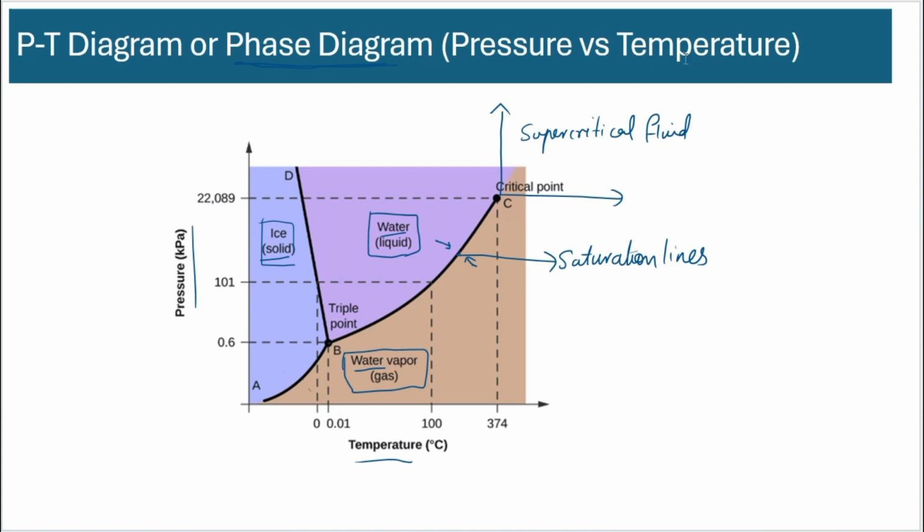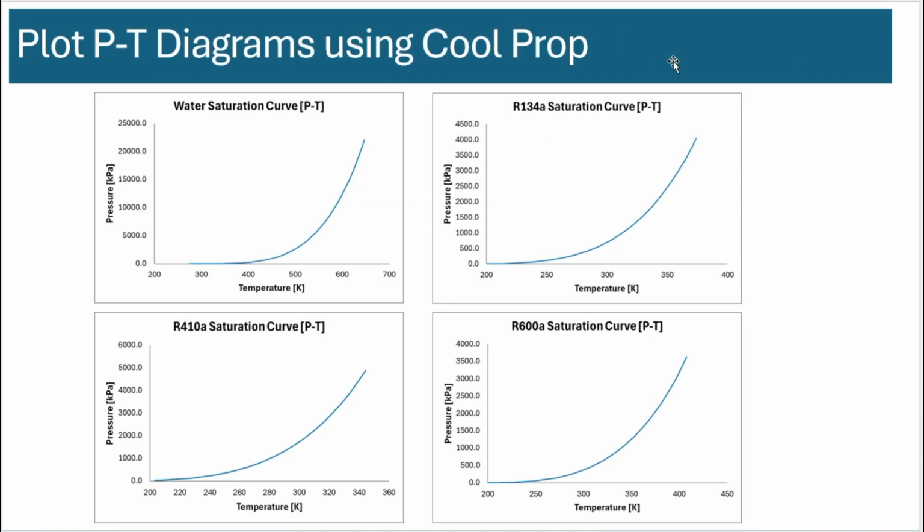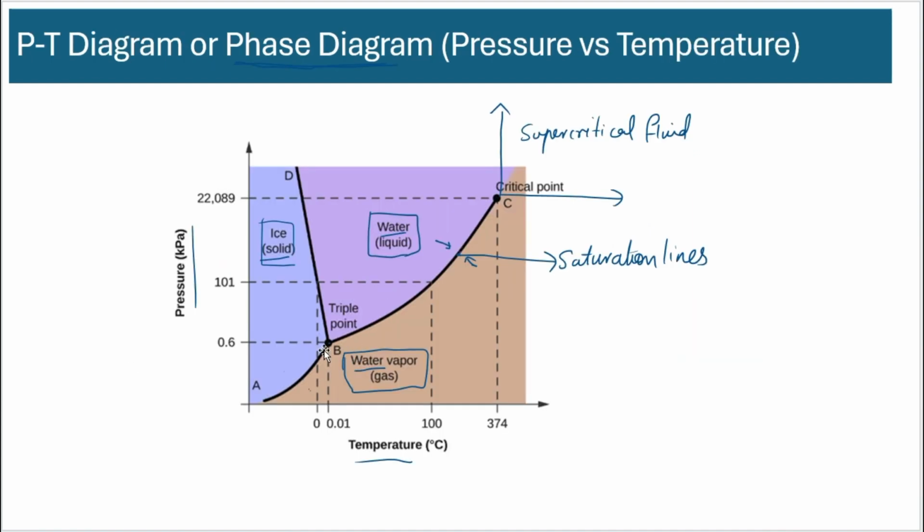Now let's use CoolProp to look at this phase diagram. So we'll be generating this phase diagram using CoolProp. However, as you can see in this picture, we are only creating one particular line, between liquid and vapor.